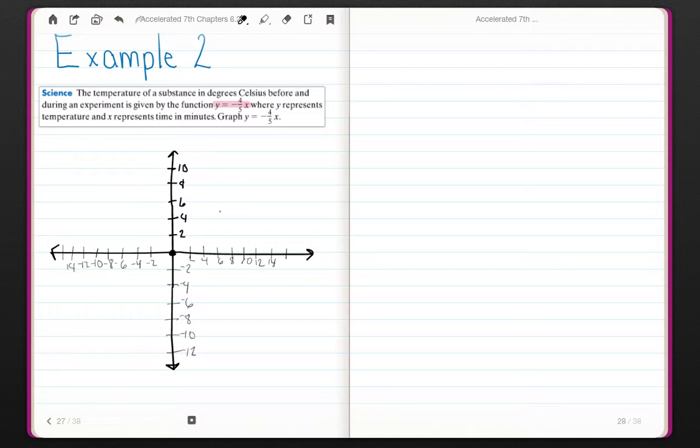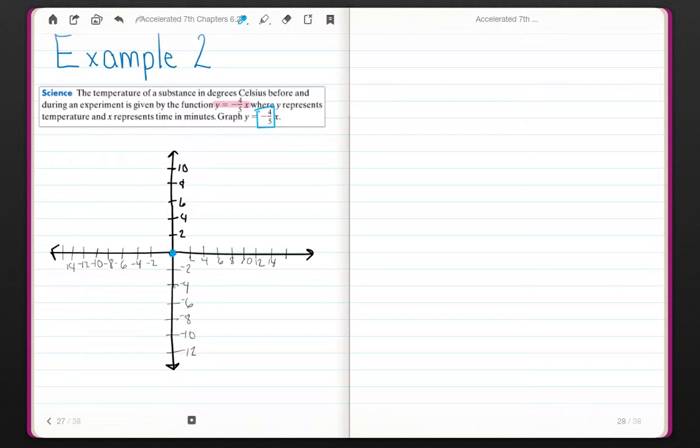So I know that my graph goes through the origin, right here. I'll make my pen a little bit bigger this time. It goes through the origin because there is no b. My slope is -4/5, which means I'm going to go down 4. Now this is not 4 spaces, it is a count of 4. So 1 would be here, then 2, then 3, then 4.